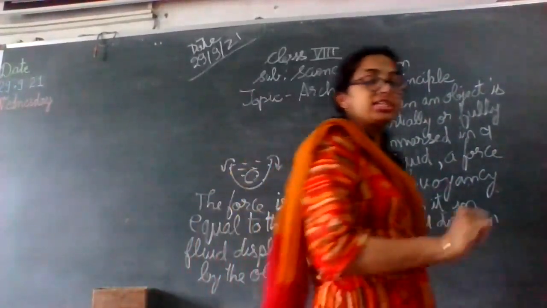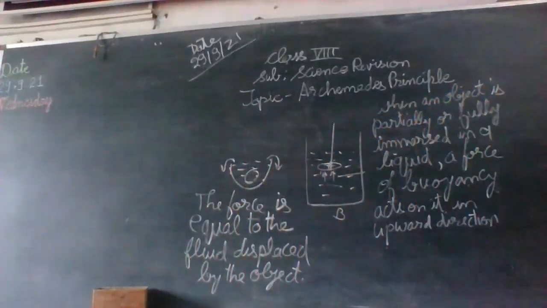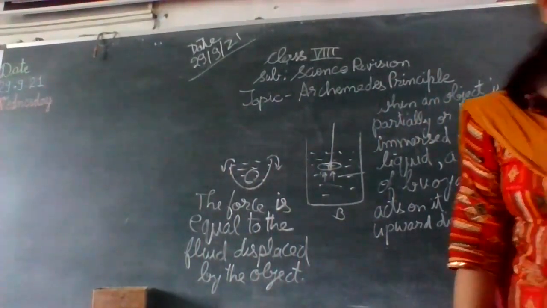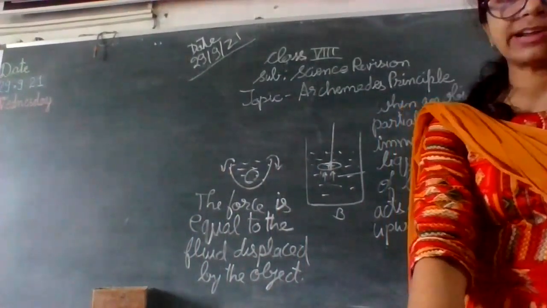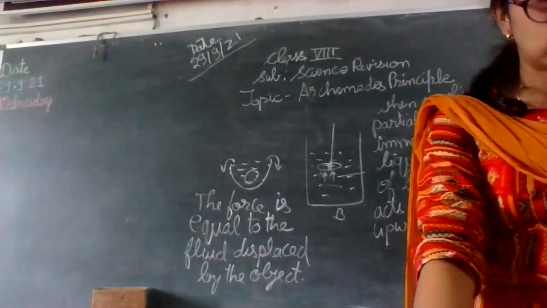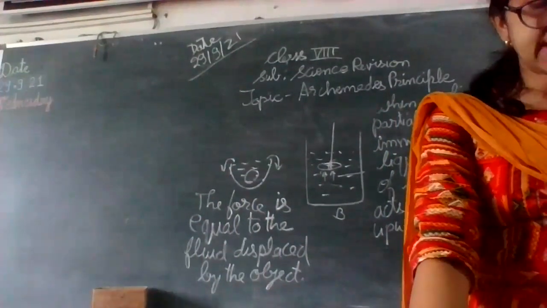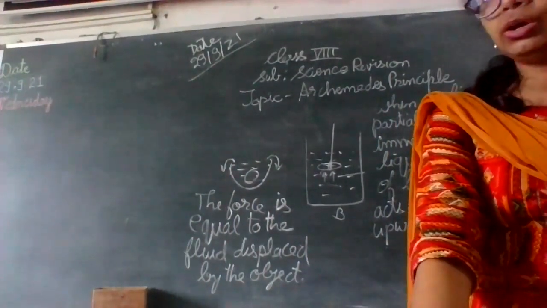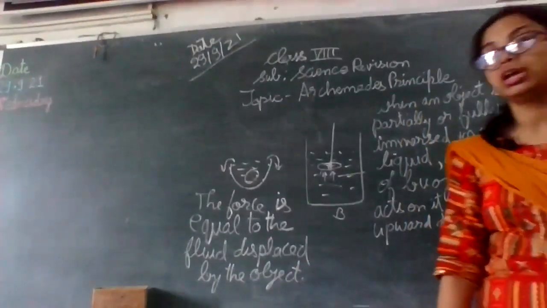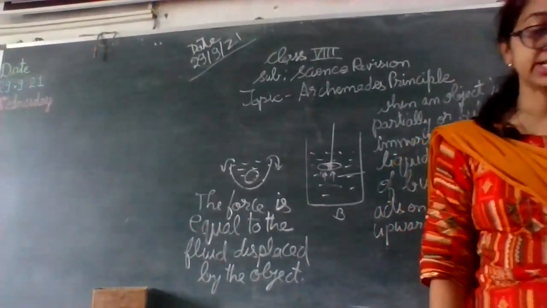Now, this principle, how could the great scientist Archimedes find out? You must have heard stories of Archimedes, but I just want to tell you one more time. Archimedes was a Greek scientist and also a mathematician. He was very sharp and intelligent.